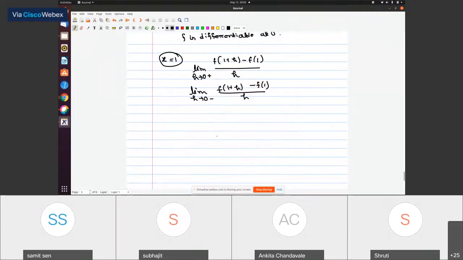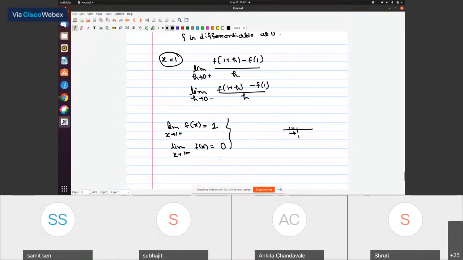Why? Because 1 minus will tend to 0 and 1 plus will tend to 1. Exactly. If I am approaching from the left side of 1, the value will be 0. If I approach from the right side, the value will be 1. So this limit does not exist, so the function is not continuous.